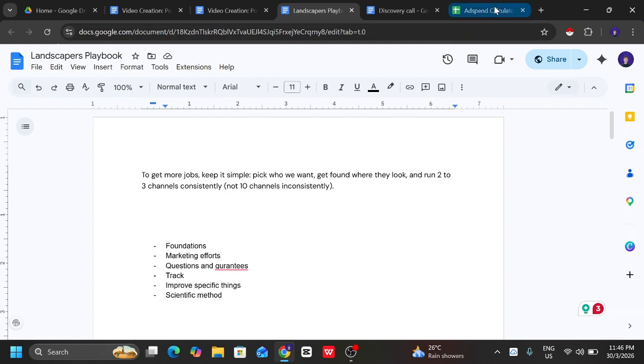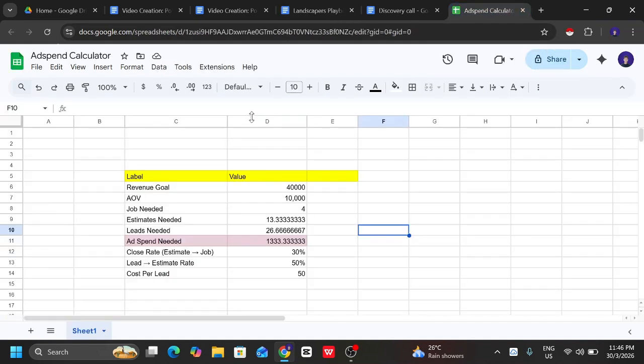And I'm going to show you something. This is something I've built. This is the ad spend calculator. It will give you a rough estimate of what you need to spend in order to reach your revenue goal. Let's say you have a $40,000 revenue goal, and your average order value, when someone comes in and you sell them, is let's say $10,000.